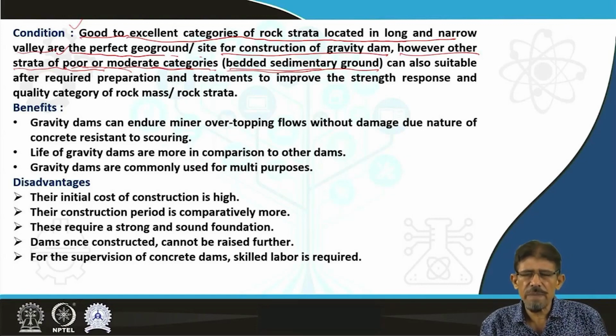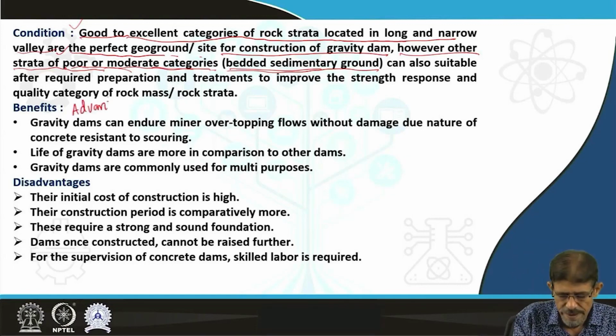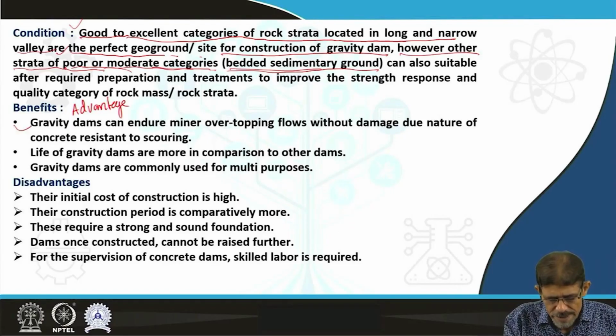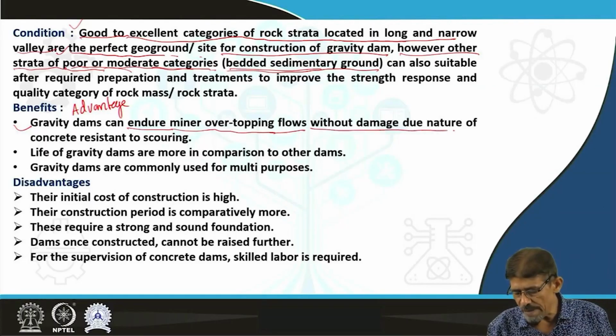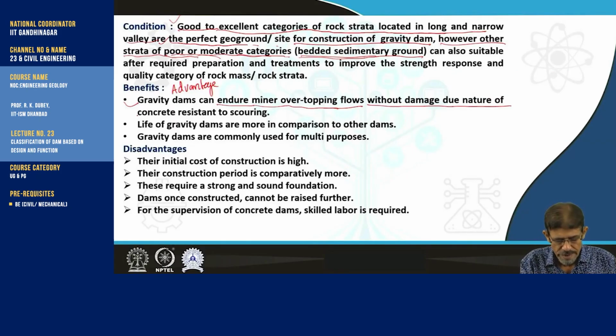Then what is the benefit or advantage? Advantage: the gravity dam can endure minor over-toppling flow without damage due to the nature of concrete's resistance to scouring. So the problem of over-toppling is critical in the field of dams.